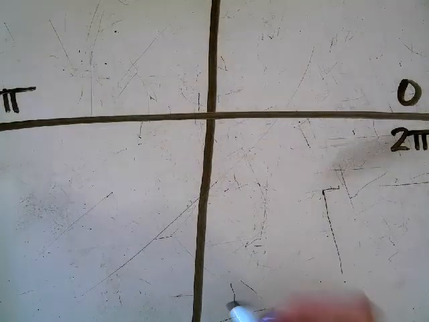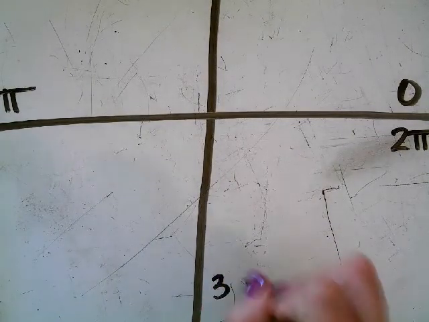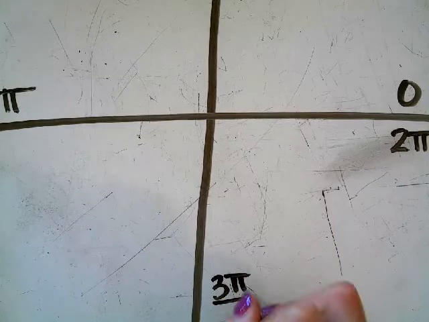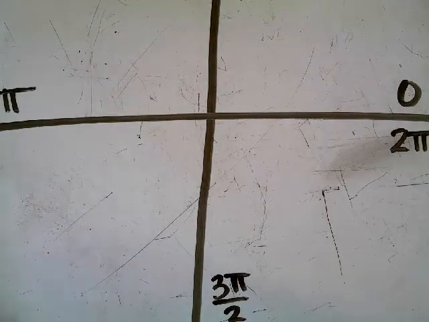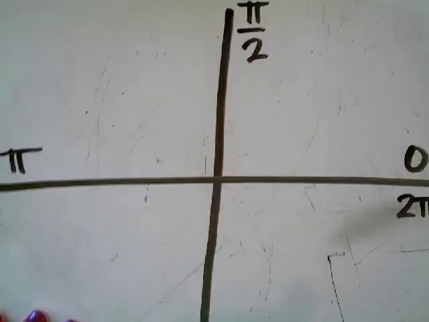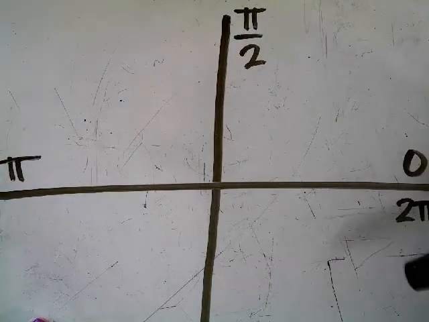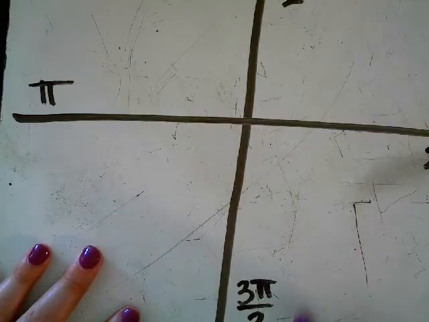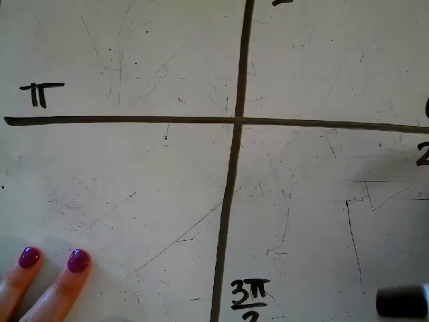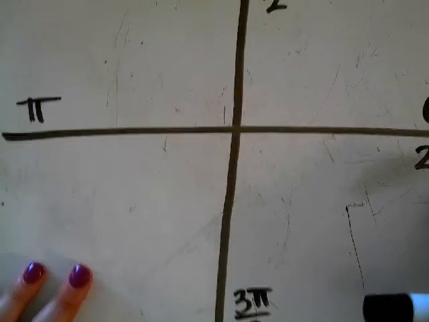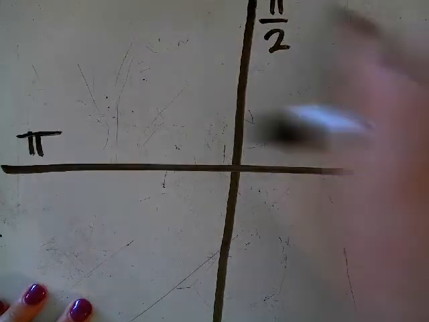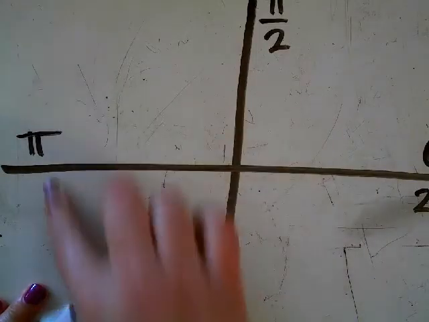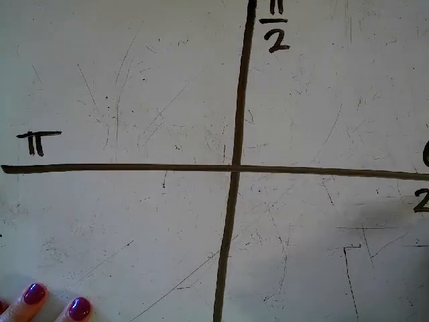Okay, so here's your fractions. You've got 0, pi halves, 1, 3 pi halves, 2. Does that make sense? So you've got 1 whole pi on the top, 1 whole pi on the bottom. Let me write my fractions smaller so you guys can see it without me moving this.